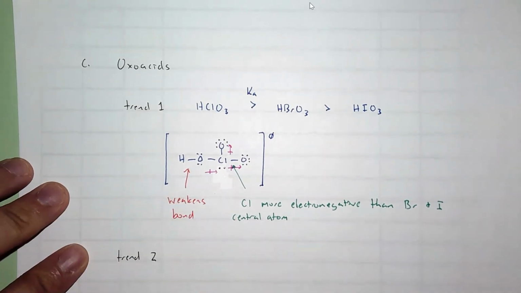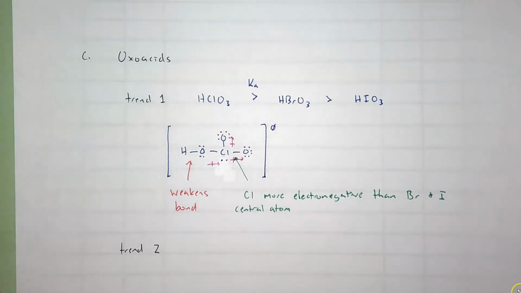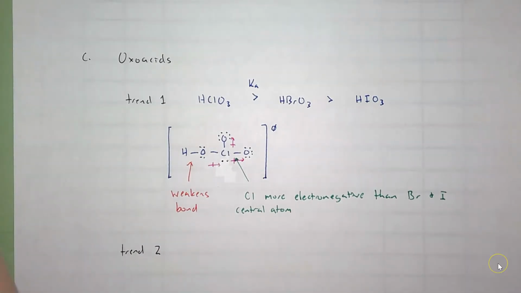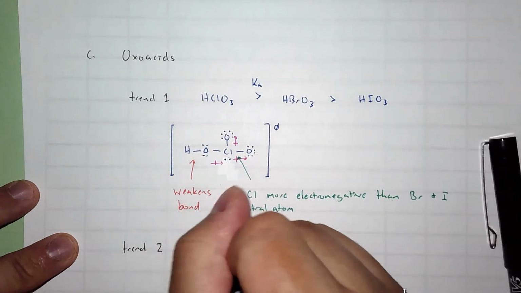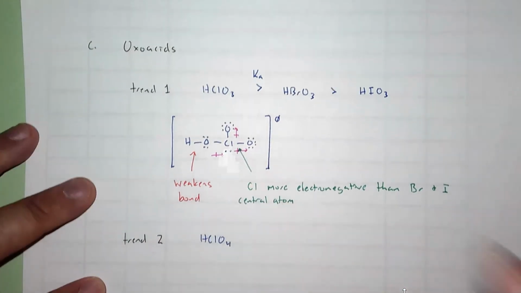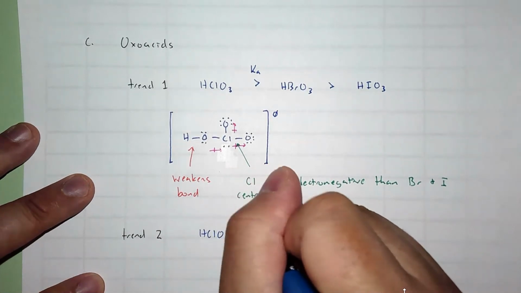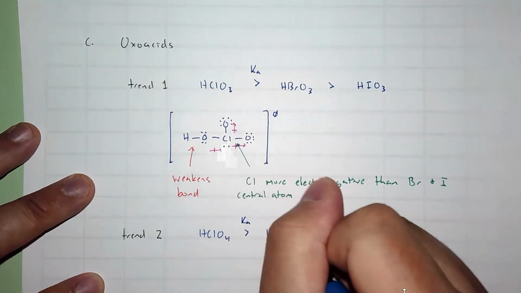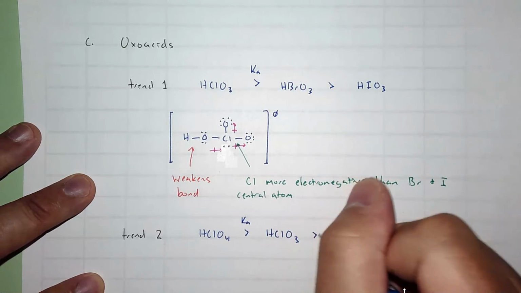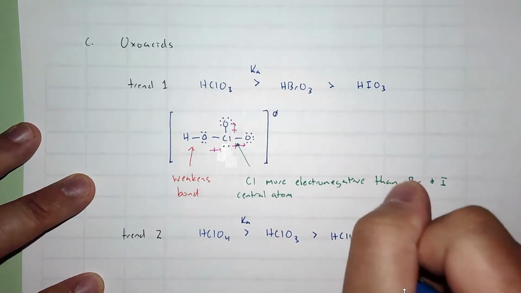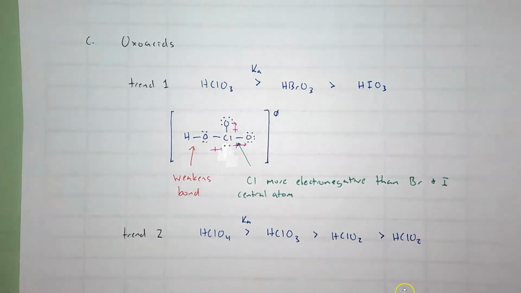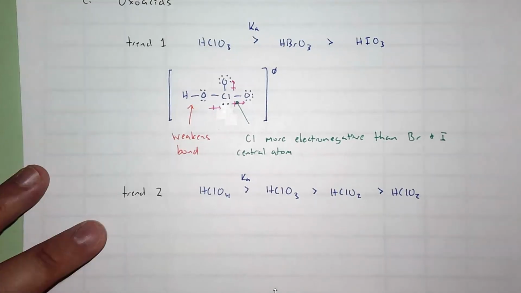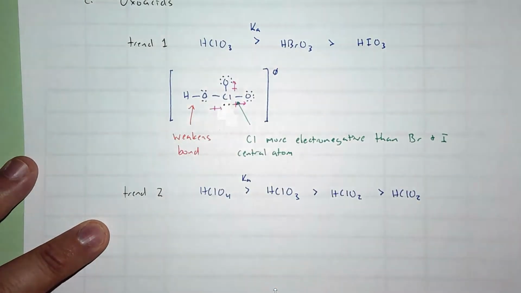Trend 2. Maybe this is the more important of the two, the number of oxygens. So now let's go ahead and put HClO4. The more oxygens, the stronger the acid. Let's keep it all chlorine. And the rationale for this case is, again, the more oxygens.